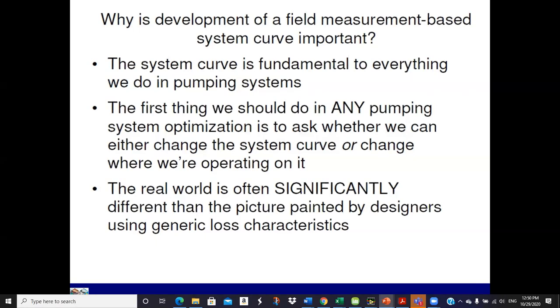When you look at all of the loss K values for a valve, an elbow, an expander, a reducer, an entrance, you usually see a range, 0.2 to 0.5, 1 to 3, whatever. The designer is always going to pick the biggest number, because he wants to make sure that pump is big enough to deliver the desired flow when they turn it on after it gets built. And so most likely that pump's going to be oversized.